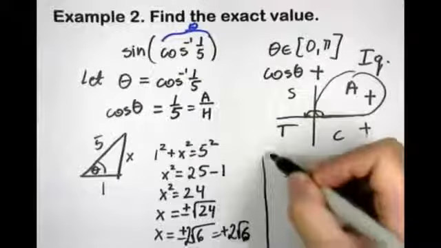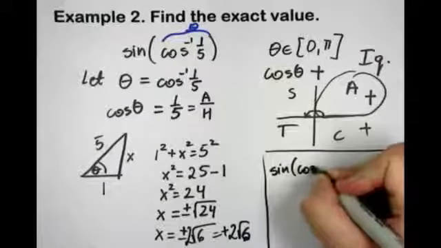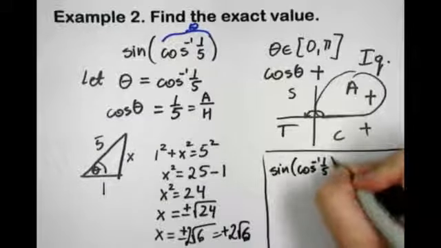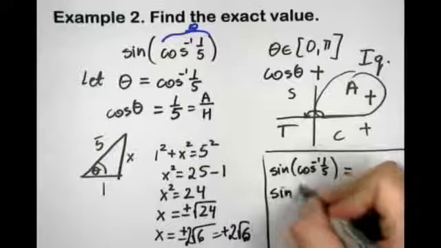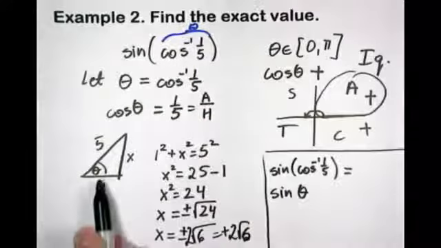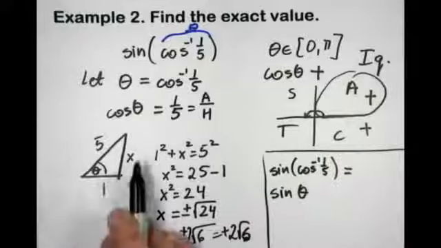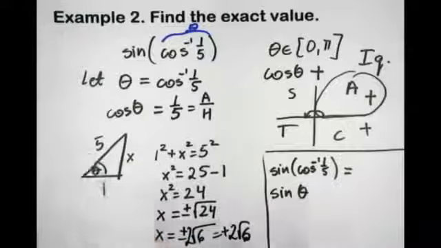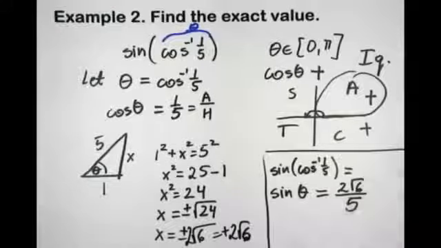So my sine of cos inverse of 1/5 is nothing else but sine of theta. We set it up that this is theta, and that's the same theta in this triangle. So sine of this theta is opposite over hypotenuse, which is 2 root of 6 over 5.